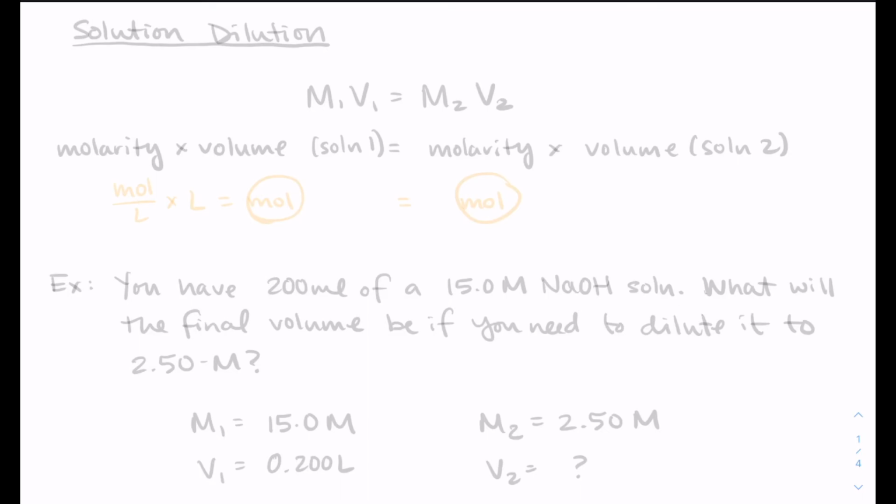I may not want my shelves filled with hundreds of bottles at that concentration, but there's a very nice dilution equation where if I have a solution of a known concentration and I want to dilute it by just adding more water to it, I can calculate, if I know the final volume, what the new concentration would be. Or actually, I can calculate any number of things.